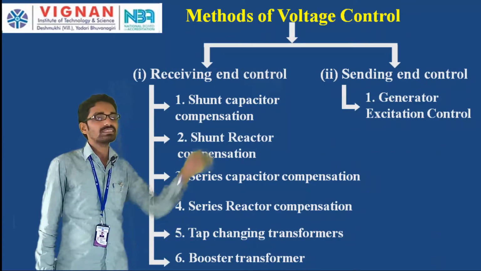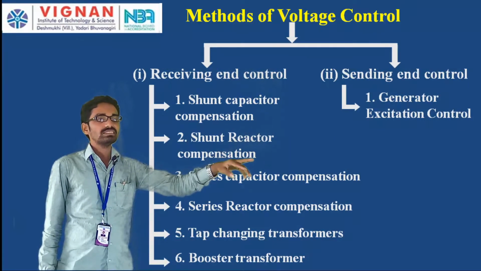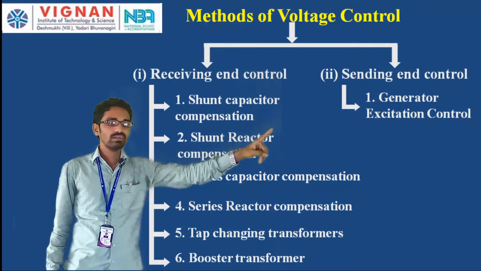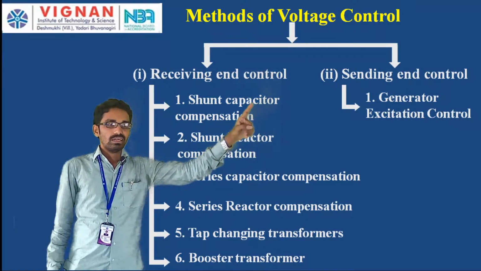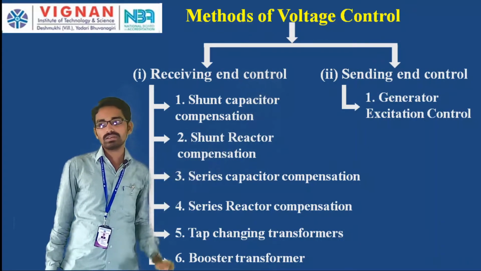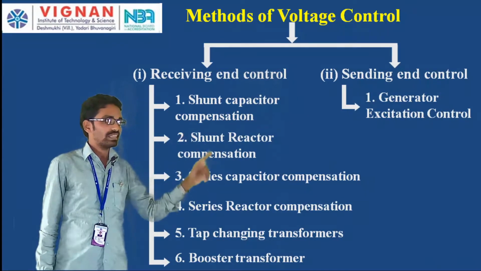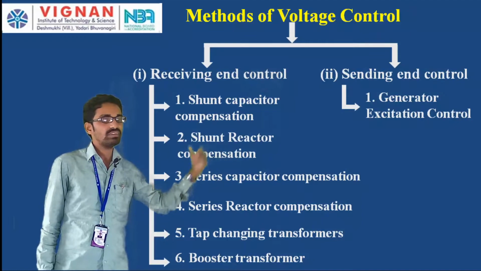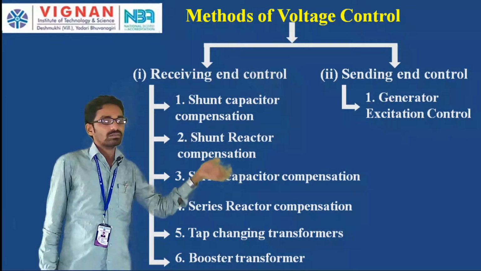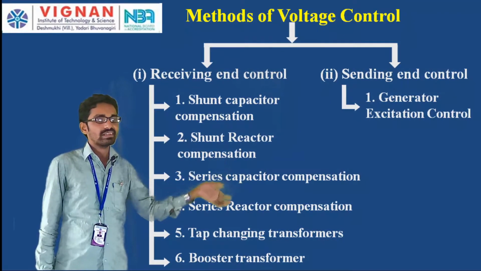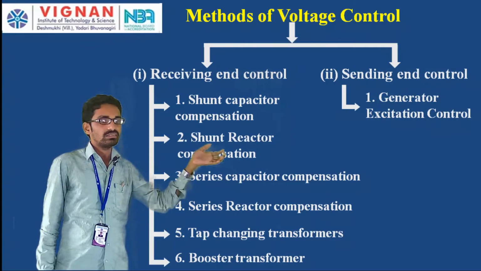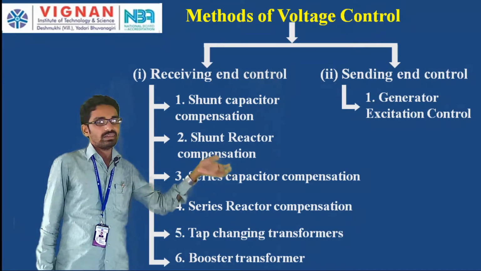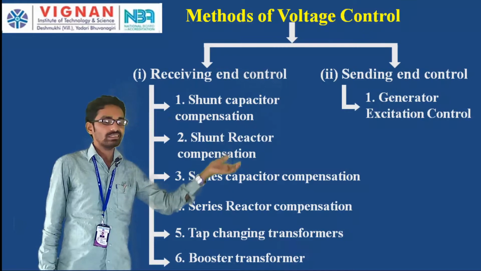And if you consider the sending end side, you have only one, that is the generator excitation control. By controlling the generator excitation, that is the DC supply excitation which we are giving to the generator, you are going to get the control of the voltage at the sending end.